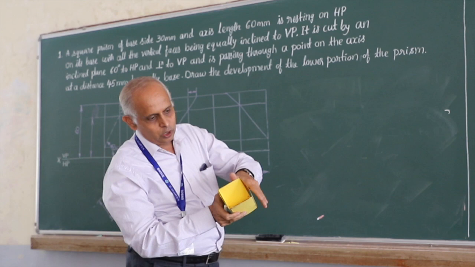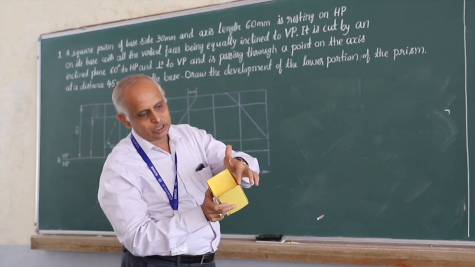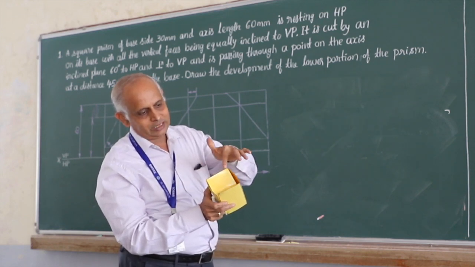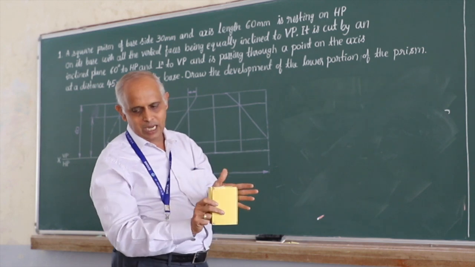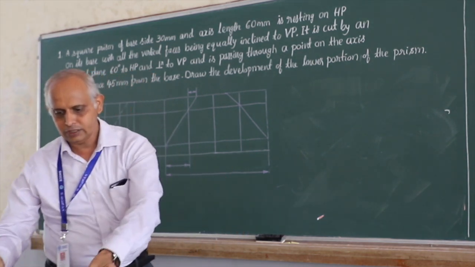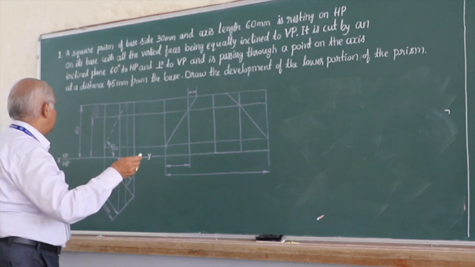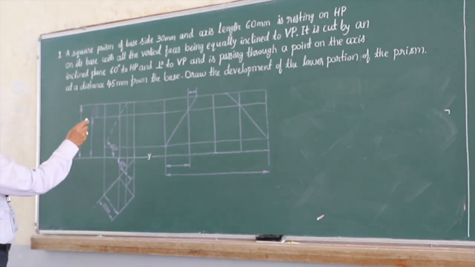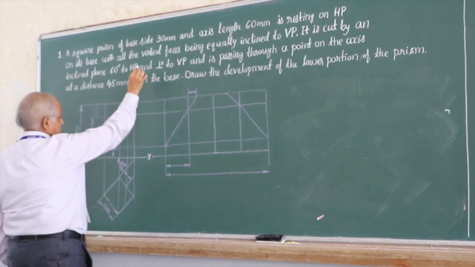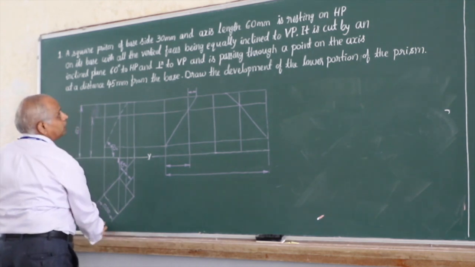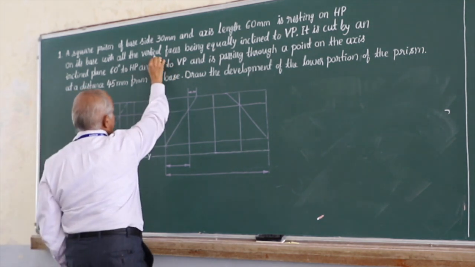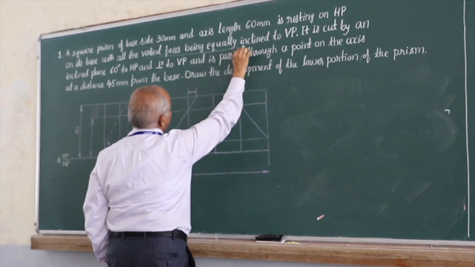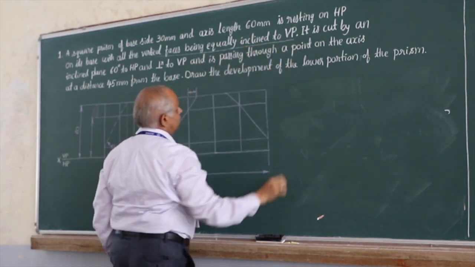So in top view, you should see each line of the square as a rectangle face, and the inclination with respect to VP can be clearly taken care of. Therefore, here you need to be careful about this condition with vertical faces being equally inclined to VP. So point number 1, it's a square prism and the vertical faces are equally inclined to VP.